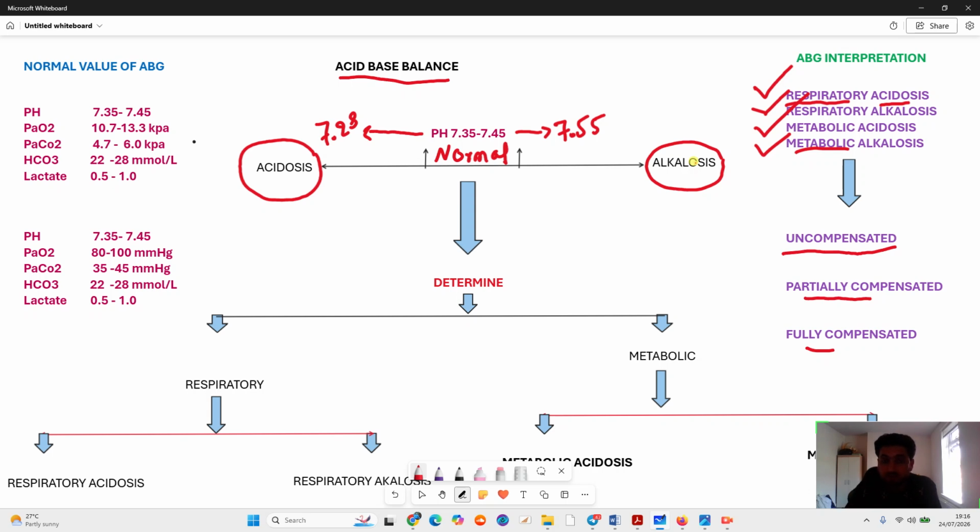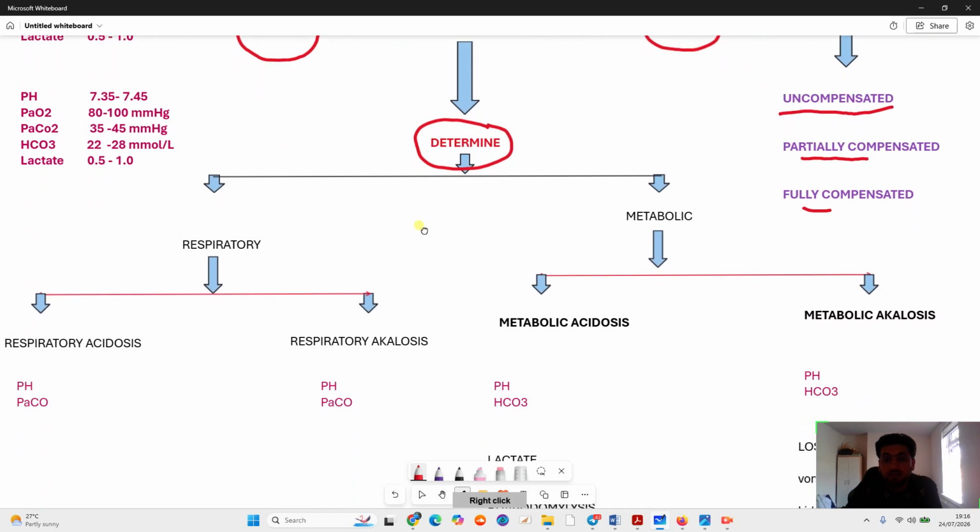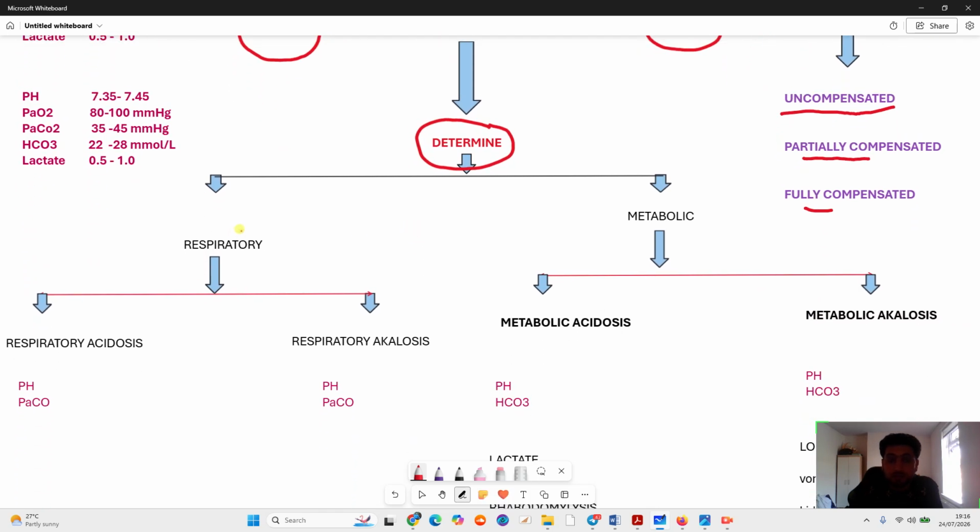But if you want to find out more about which system is involved, we have to go forward. So imagine you find that the pH shows alkalosis or acidosis. So you determine that. Next, you have to find out whether the respiratory system or the metabolic system is involved.